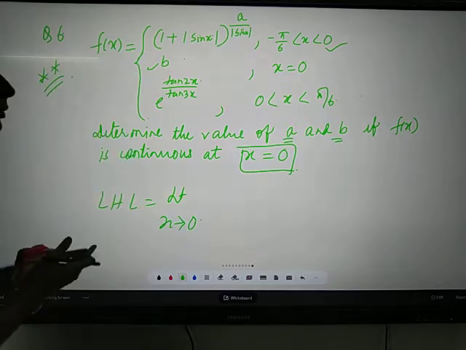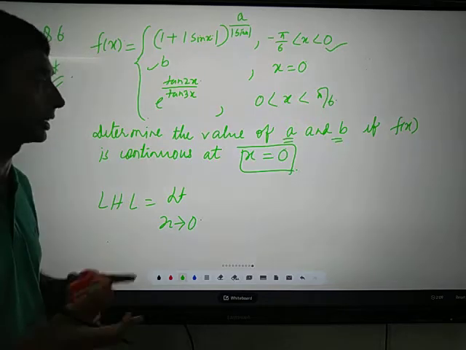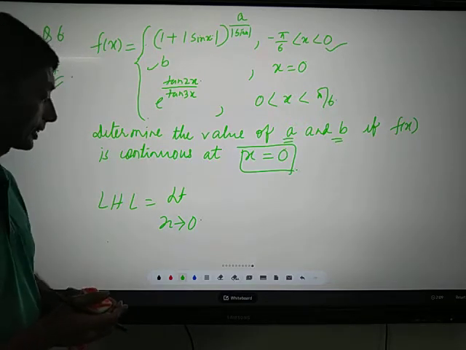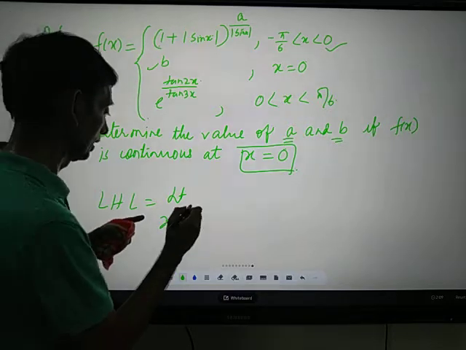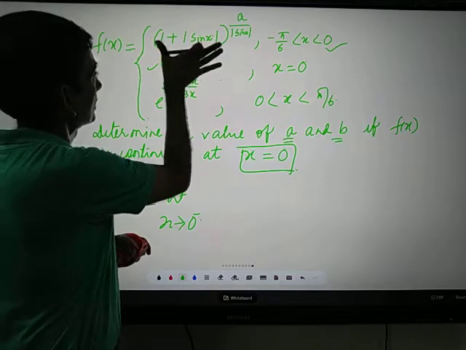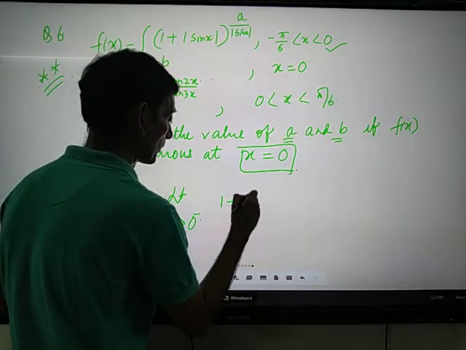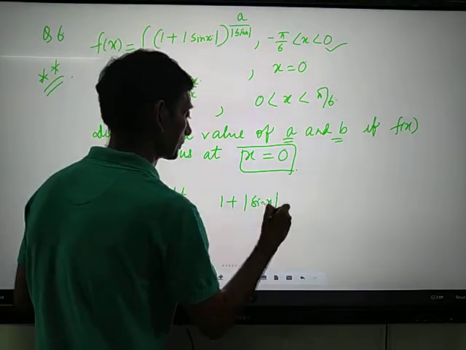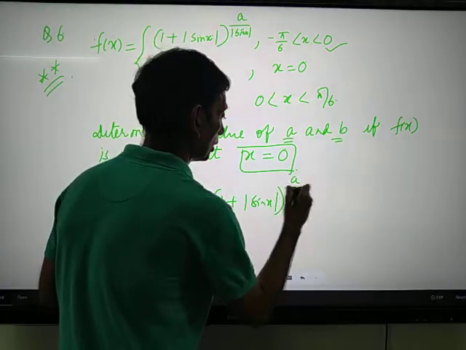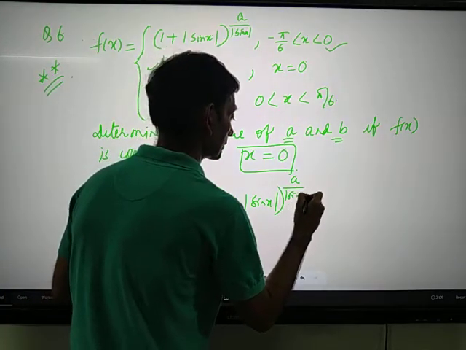The approach for this particular question will be a little different from the questions we have done now. Limit x tends to 0 minus, and you can replace this function, 1 plus mod sin x, to the power a by mod sin x.